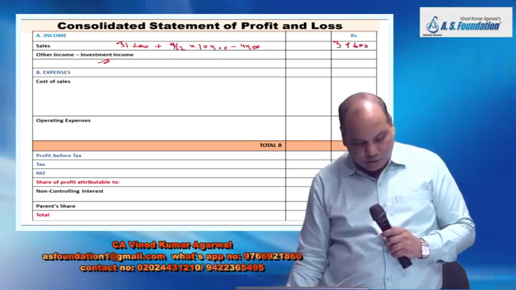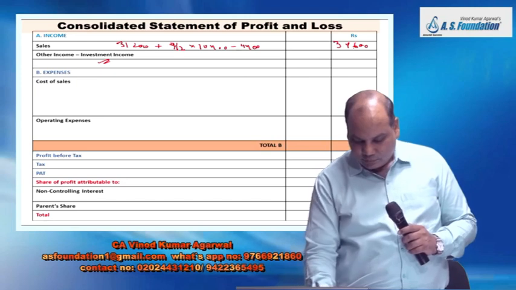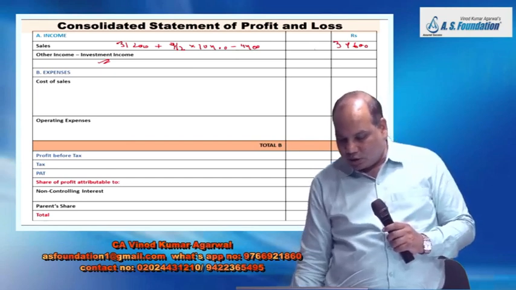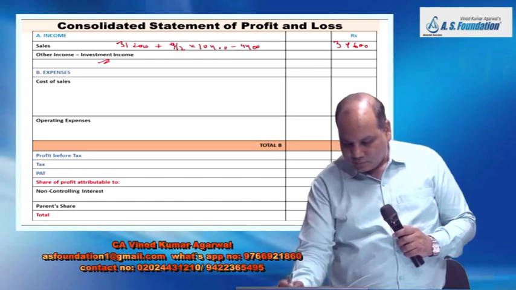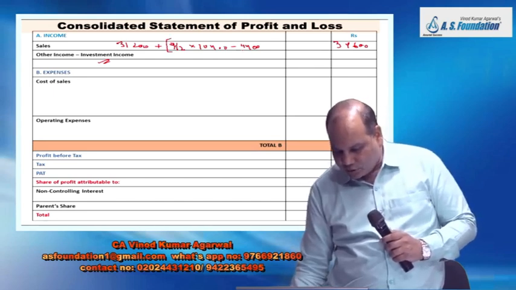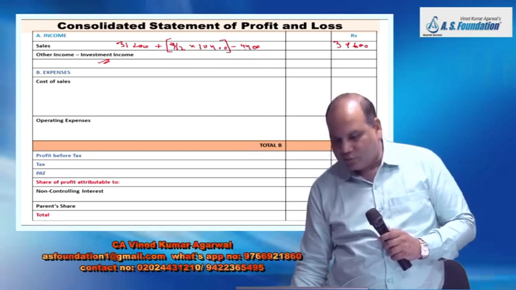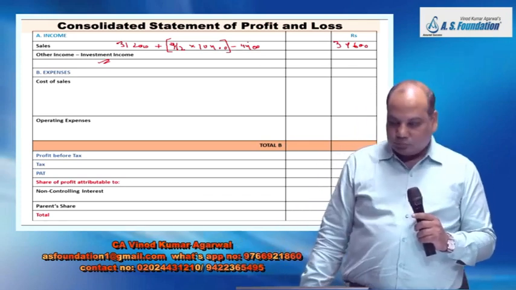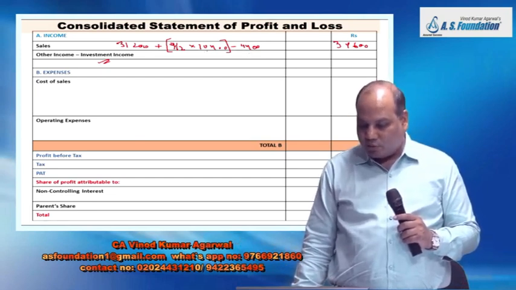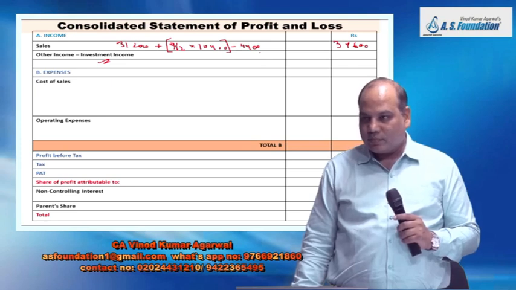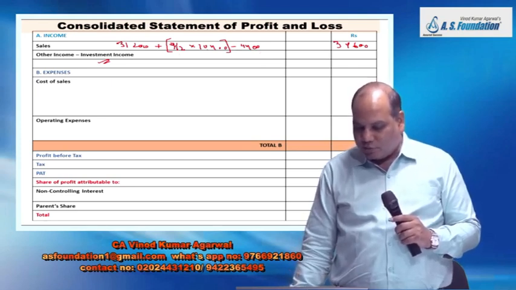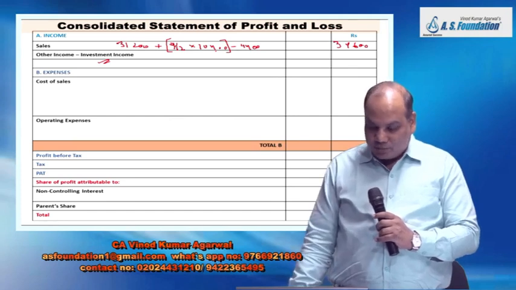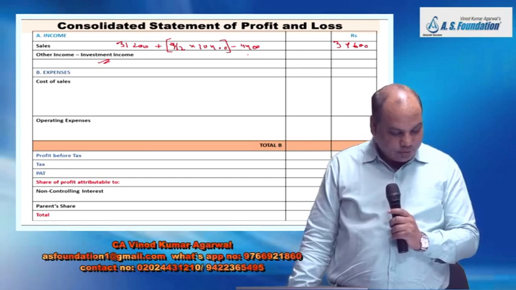Very good. Next, cost of sale. This entire sale is in the post acquisition period. 9 by 12 into 10,400 is post acquisition total sale of the subsidiary, and post acquisition intergroup sale is 4,400.